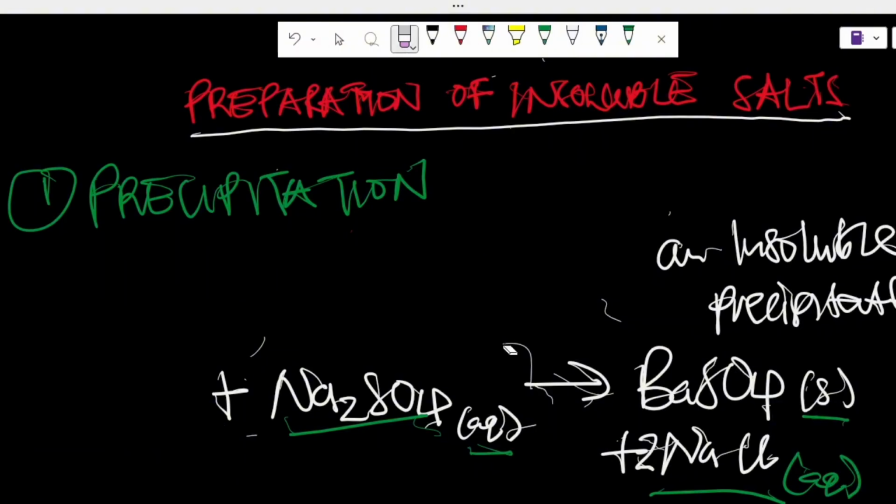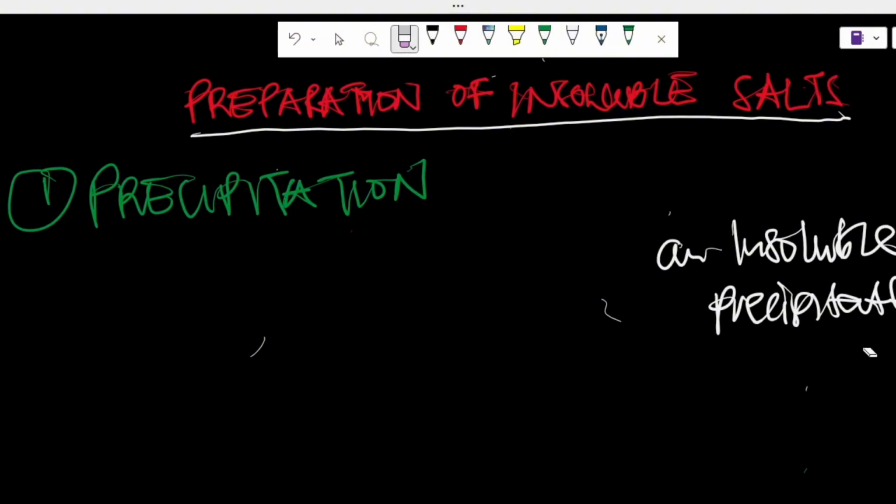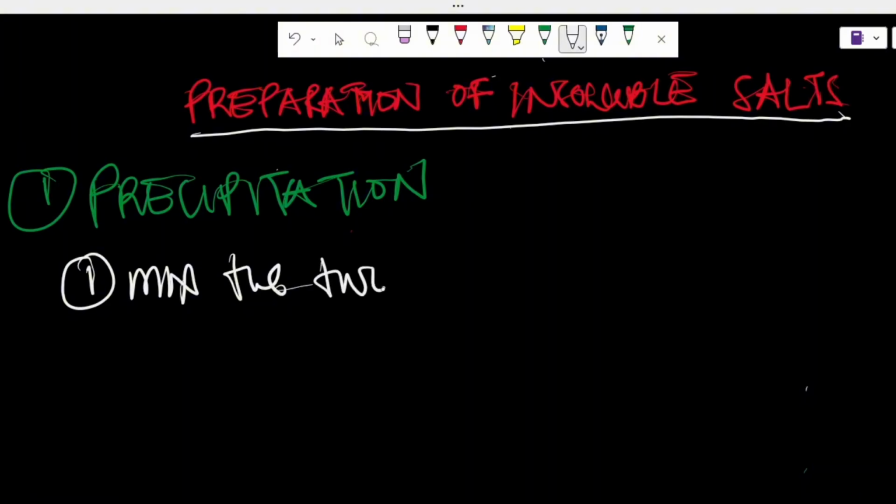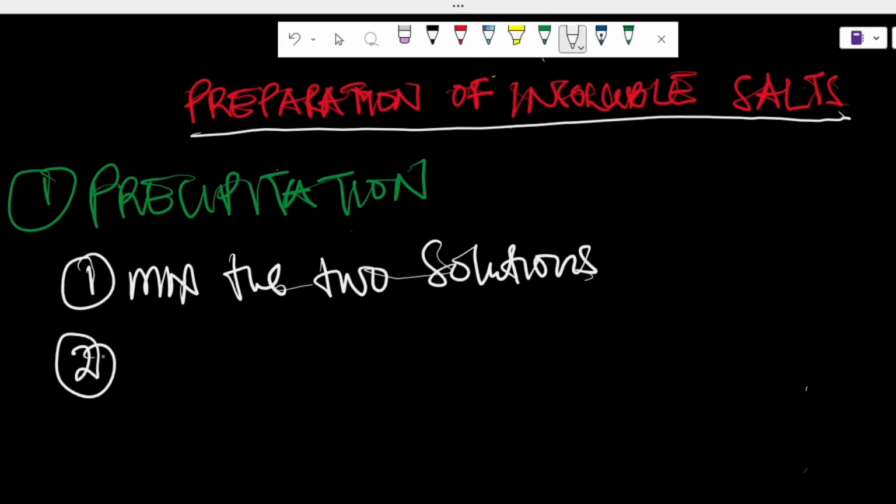Now, the steps for this precipitation method are quite simple. First, you mix the two solutions. Next, after they have reacted, you are simply going to filter the precipitate.